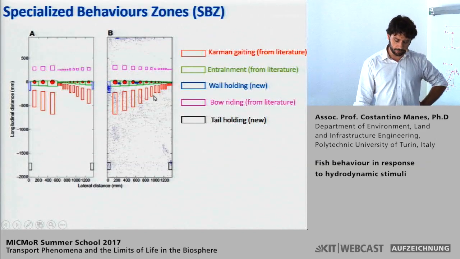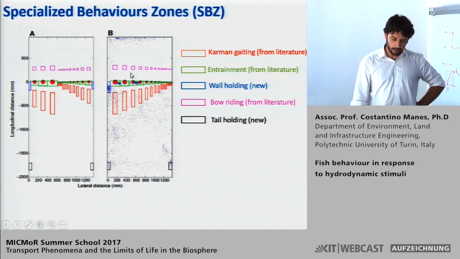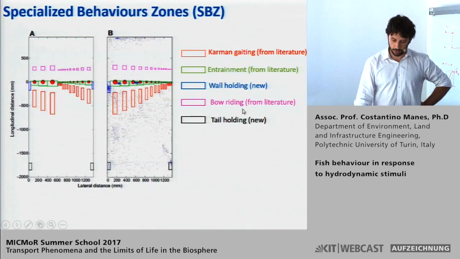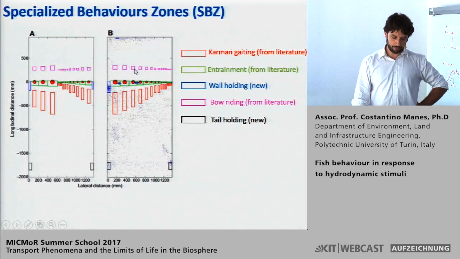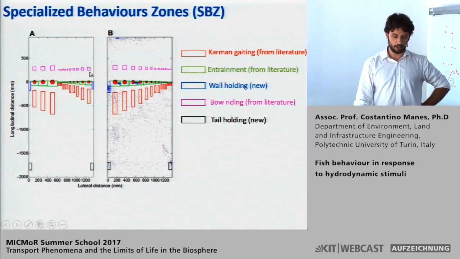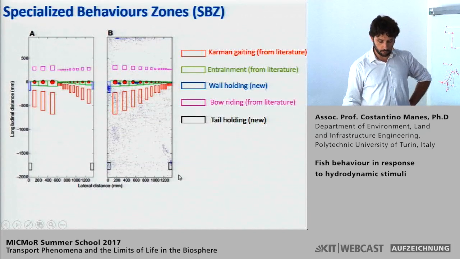So we could identify it in our test section. The green rectangles identify where fish would go to do entrainment. Again, we could get that from the literature. Bow riding, again, there is fairly robust literature that allowed us to find potential areas where fish could do bow riding.